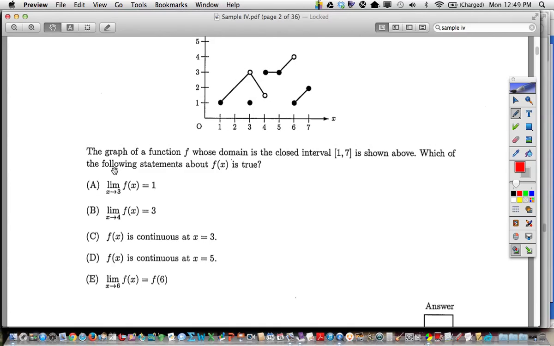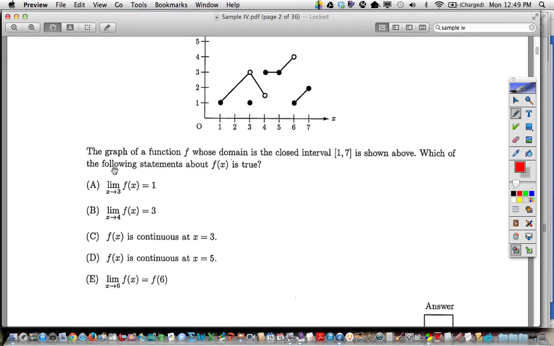Now, in our notes Friday, we had 3 reasons for being discontinuous. On the quiz, I may ask you, is this function continuous at 3? And if the answer is no, you have to tell me why it's not continuous. So using one of those 3 reasons from Friday, why is it discontinuous at 3?